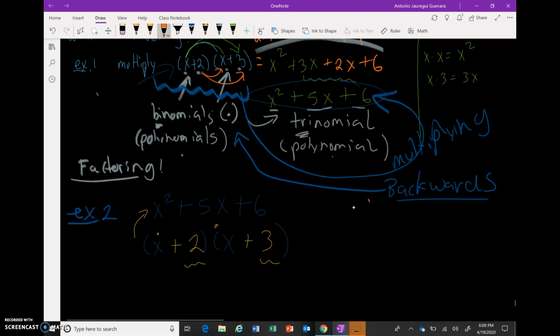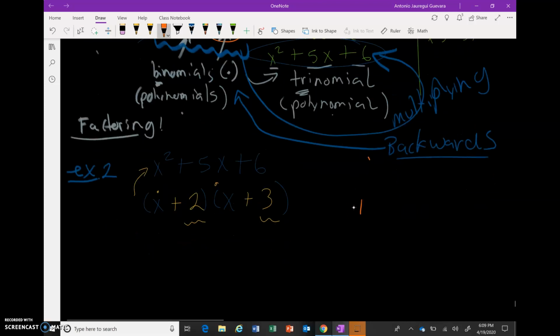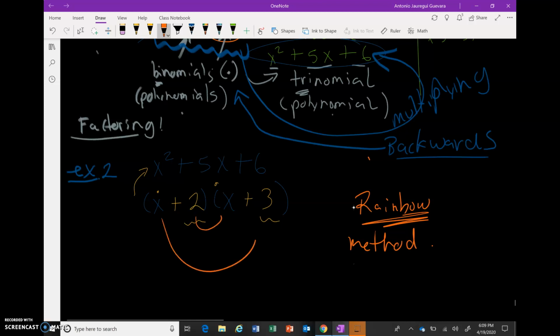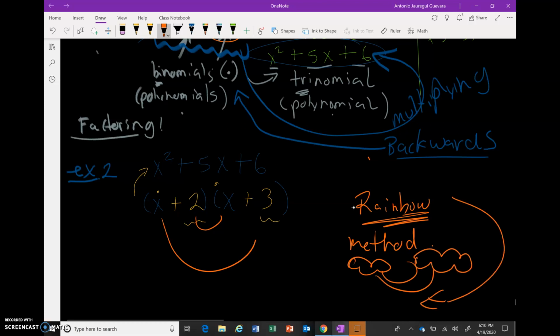But here's how you check. I call this the rainbow method, because it looks sort of like an upside down rainbow. And this is why it's useful: 2 times x will give you 2x. x times 3 will give you 3x.